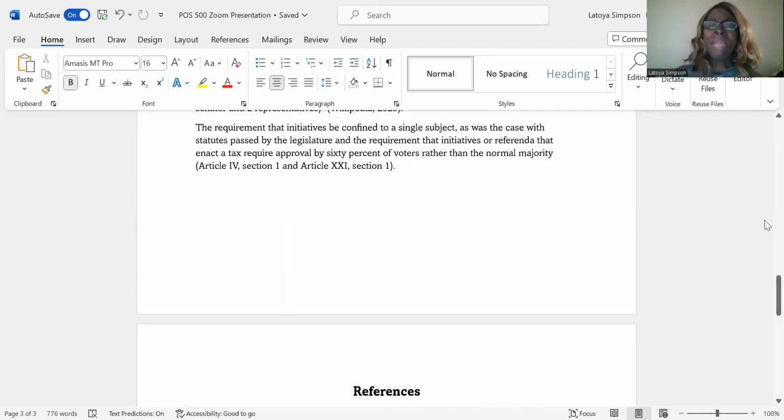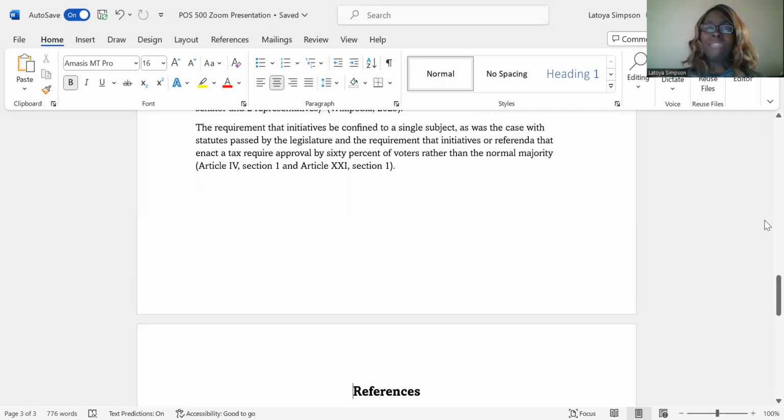The requirement that initiatives be confined to a single subject, as was the case with statutes passed through the legislature, and the requirement that initiatives or referenda that raise a tax require approval by 60% of voters rather than the normal majority.